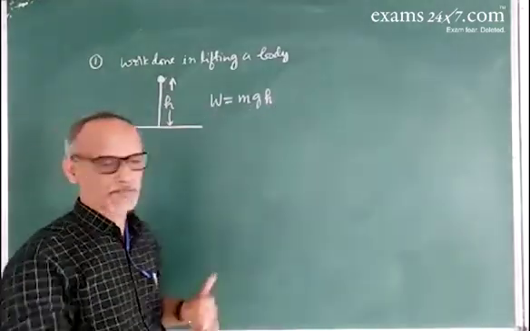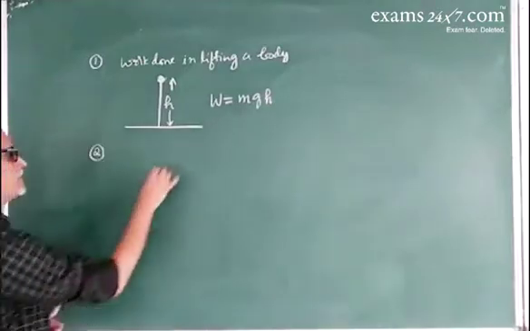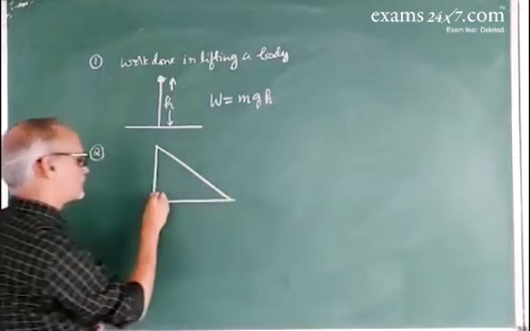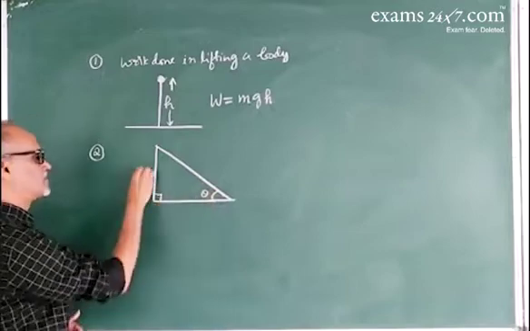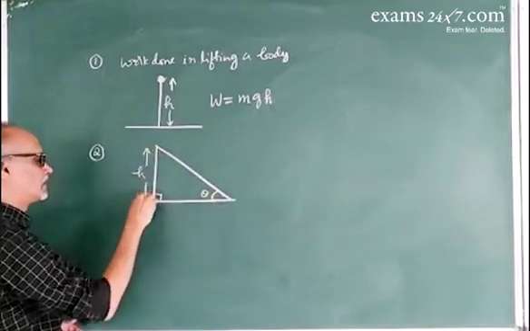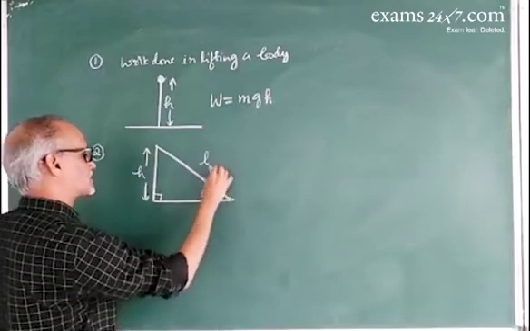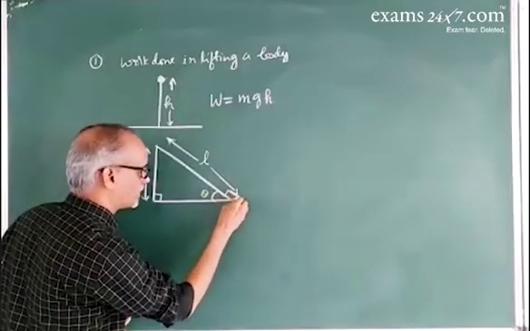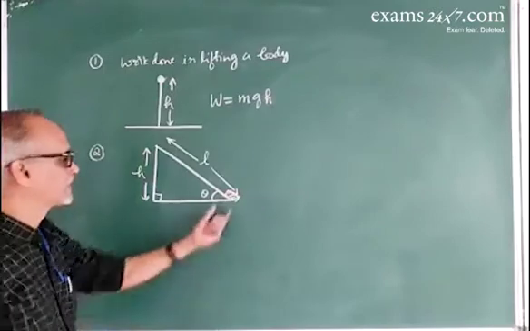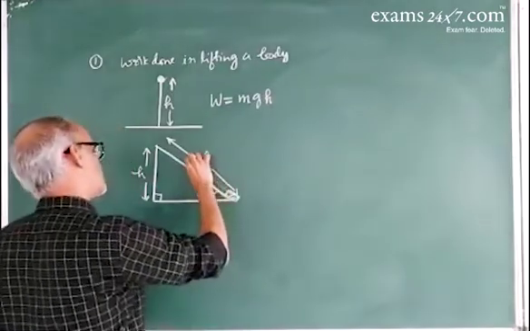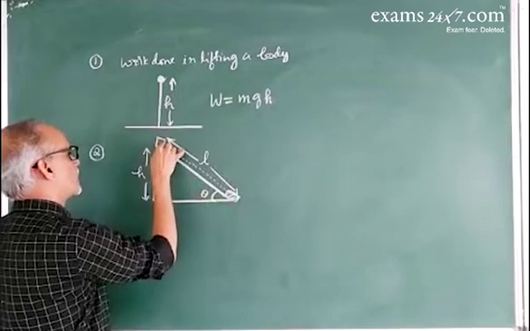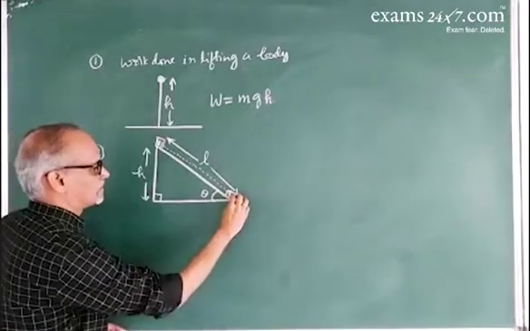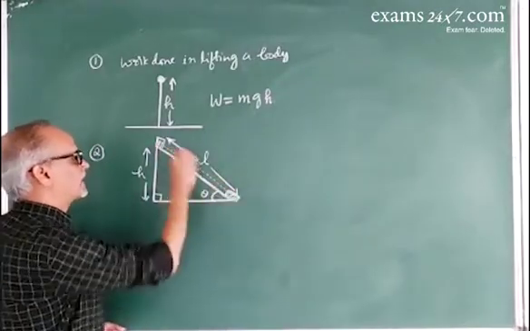Now the same format is useful in a few other cases where we have an inclined plane, inclined by an angle theta. H is the height of the inclined plane. L is the length of the inclined plane. And if a body which is at the base of the ground is taken along the inclined plane towards its other end, what is the net vertical displacement when this body is displaced?